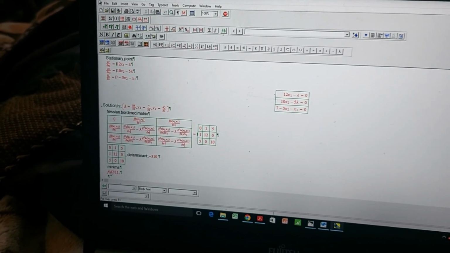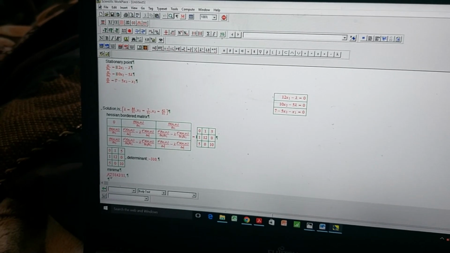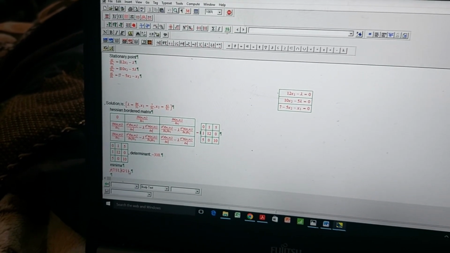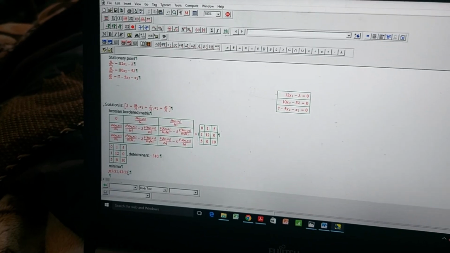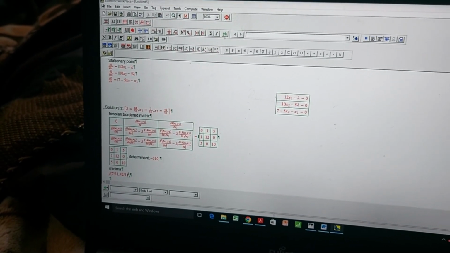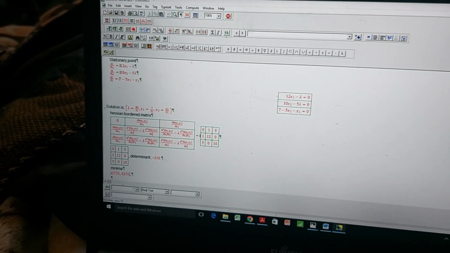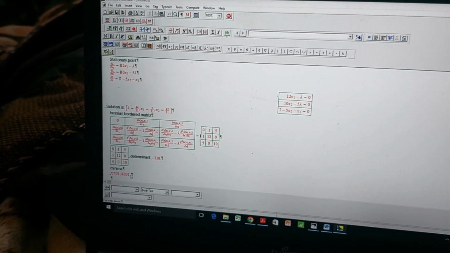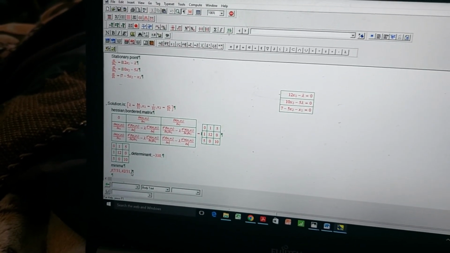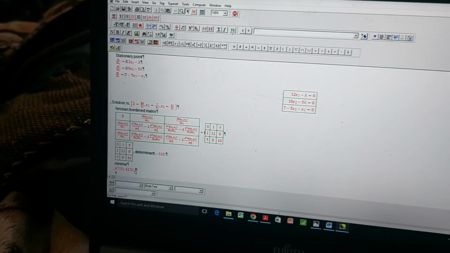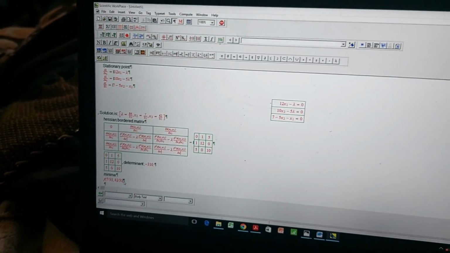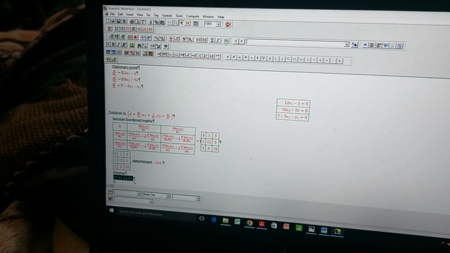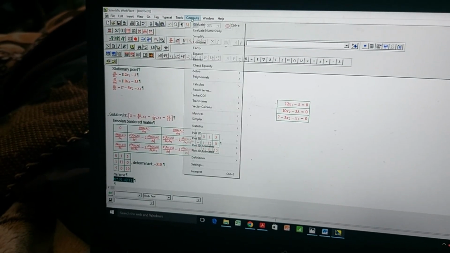So I will write 7 by 31, comma, x2 is 42 by 31, comma, and lambda is 84 by 31. But in the function we don't have any lambda over here, so I will close the bracket, select it and go to Compute.